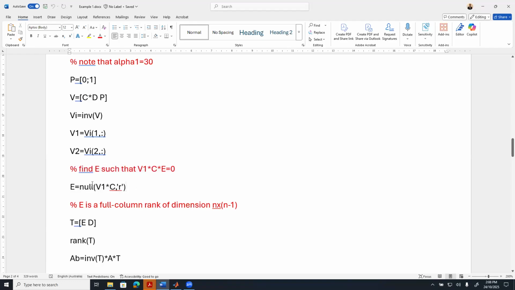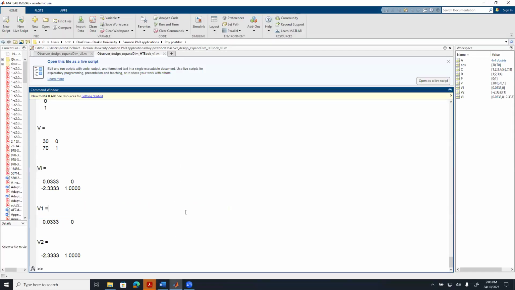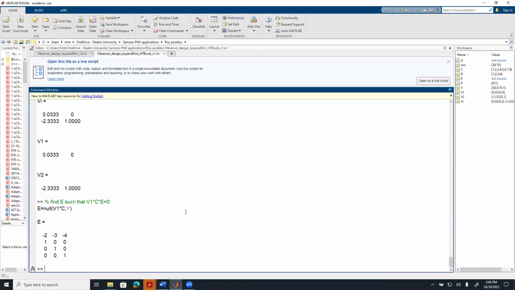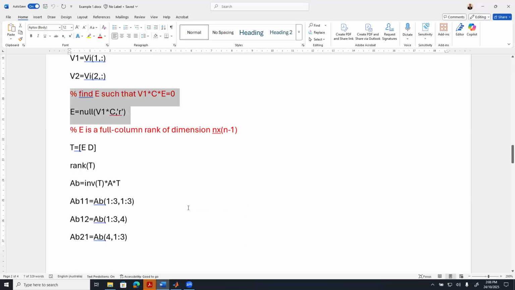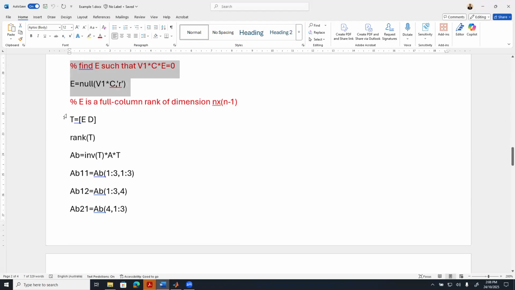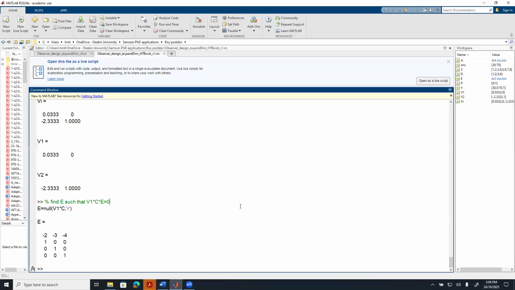If I cut and paste this one in, I will be able to obtain matrix E. There you go. That's matrix E. And we can always guarantee that it is full rank. That's for sure. But this is just to show you that this is a full rank matrix.